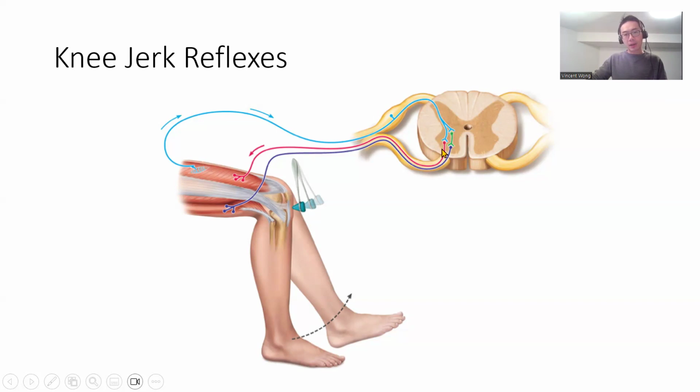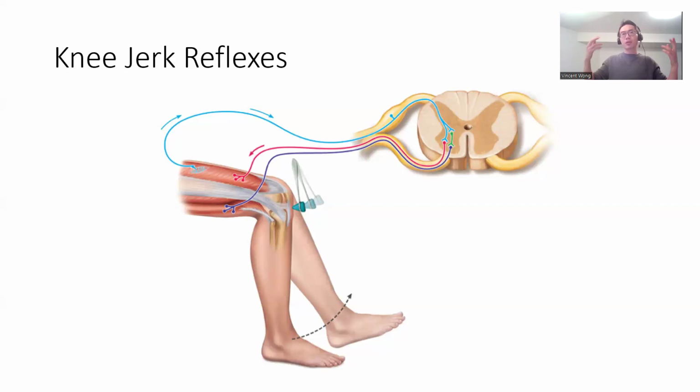In this case, there are actually two motor neurons coming out. The red one causes your quadricep, the front of your leg, to contract. But in order for the leg to move forward, you must also send a signal to your hamstring telling it to relax.